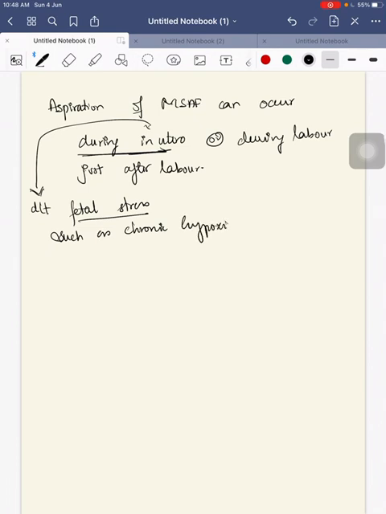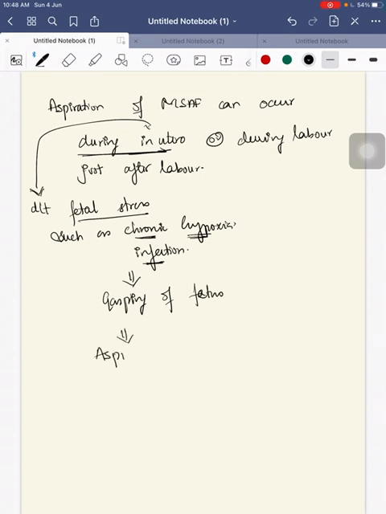chronic hypoxia or infection. Due to the chronic hypoxia or infection, there will be gasping of the fetus.